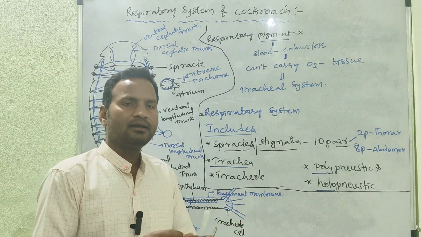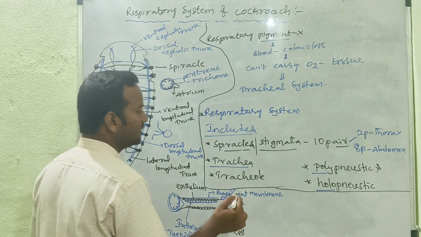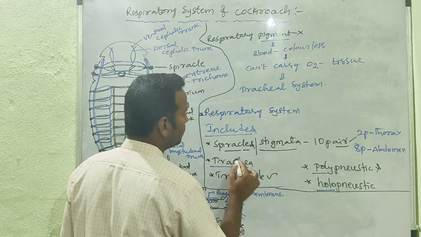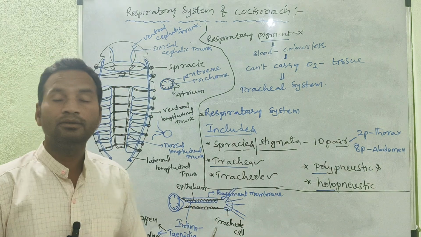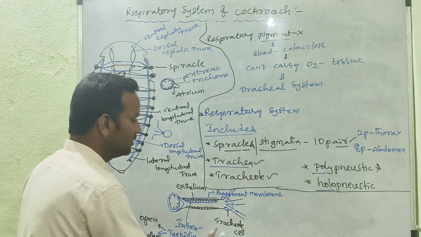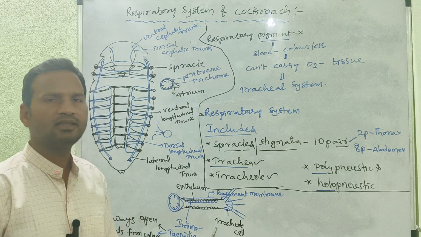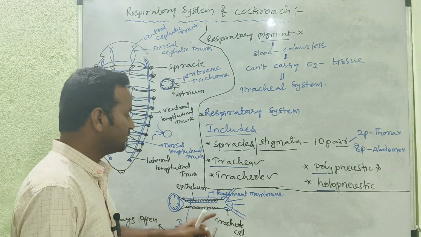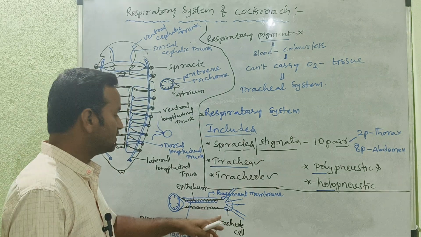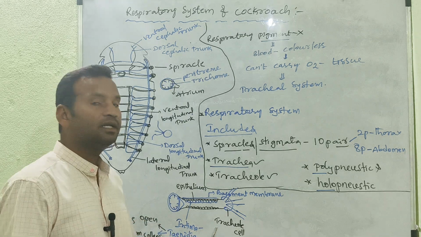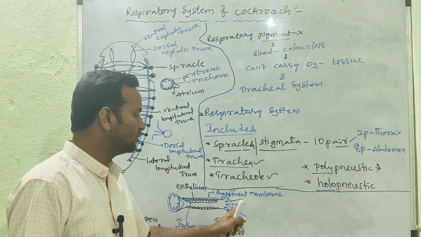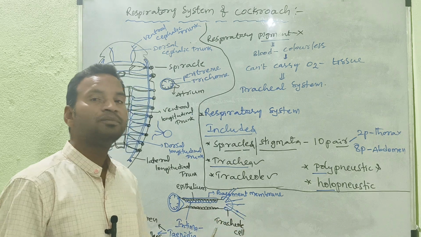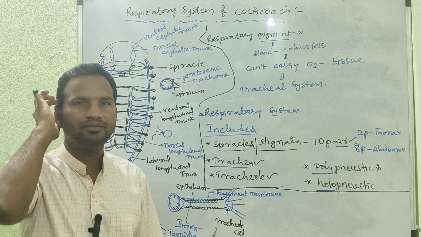That's all. The next one is the tracheole. Spiracle is completed, trachea is completed, and now let us discuss the tracheole. The tracheal cell extends several branches, which are called tracheoles. Got it?